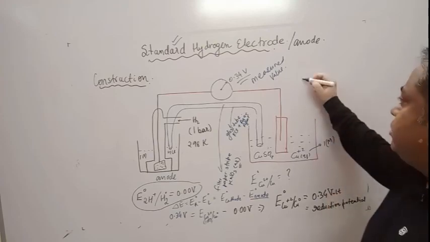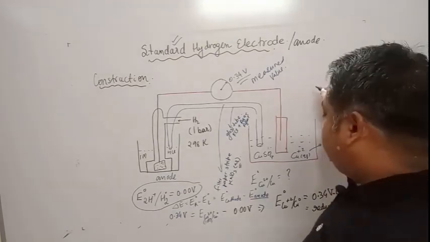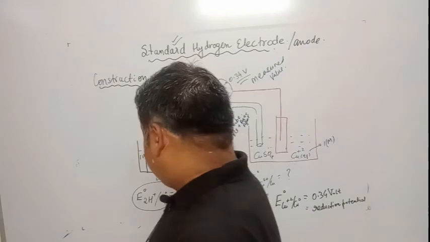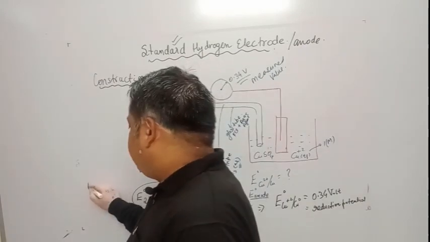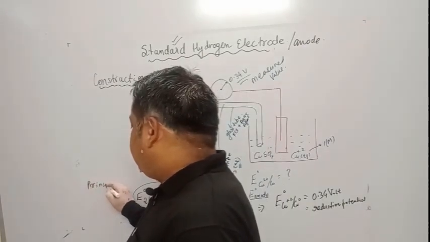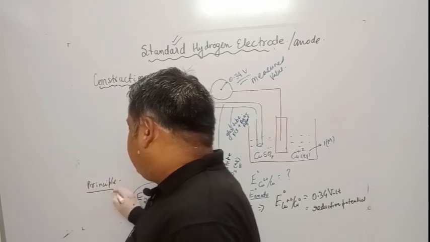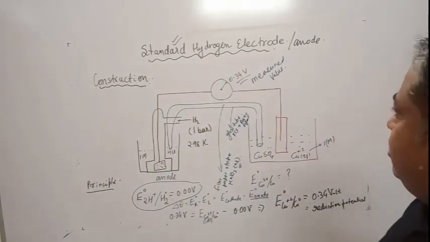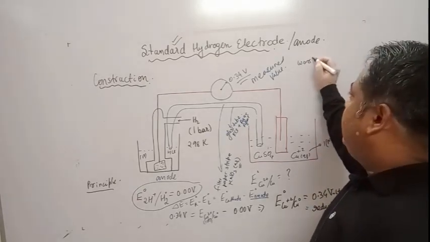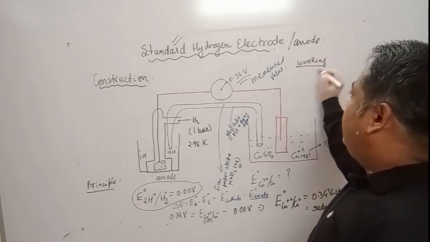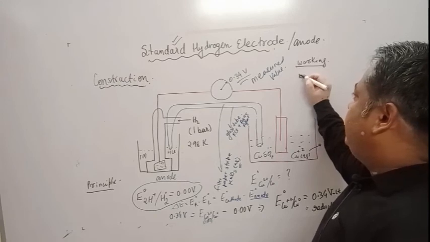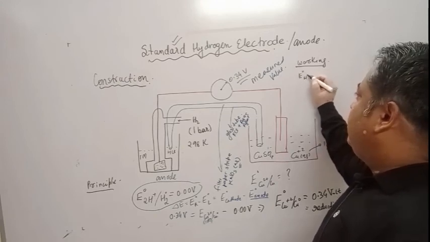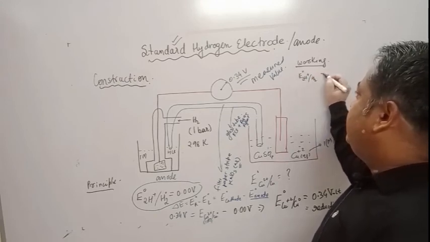So in this way, this is the construction, this is the principle, involving all these reactions and calculation, and working. The electrode 2H plus H2 is considered as anode.